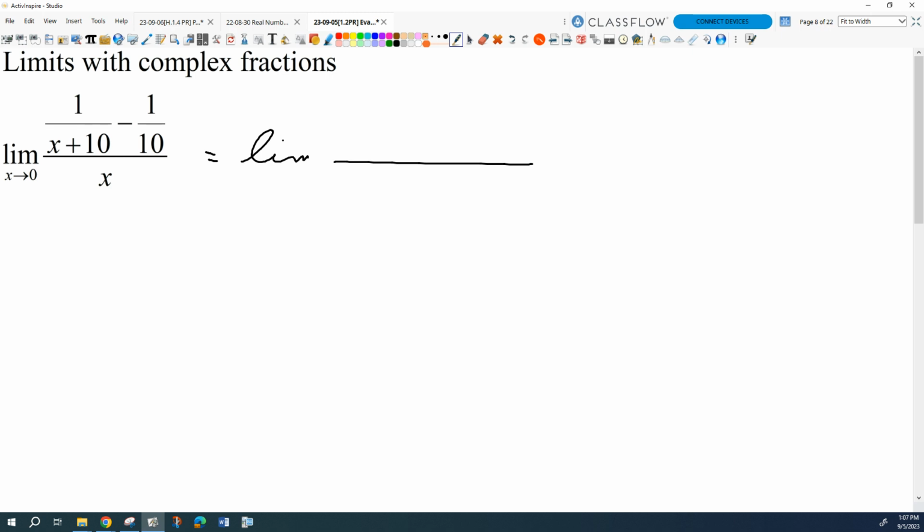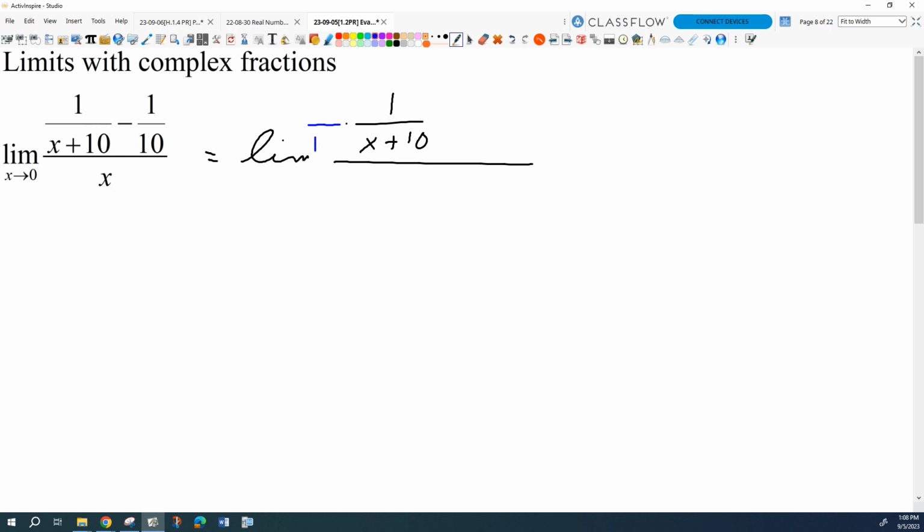So I got to multiply the first fraction, top and bottom, by, what am I going to do to this first term? I got to get a common denominator. So I've got my 1 over x plus 10. I've got to multiply both the top and the bottom here by what to get a common denominator? 10, right?